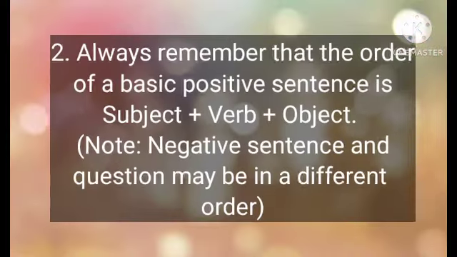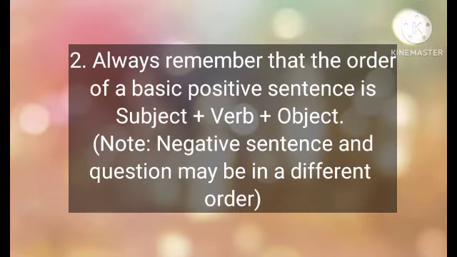Number 2 is always remember that the order of a basic positive sentence is subject, verb, object. But take note that negative sentences and questions may be in different order.